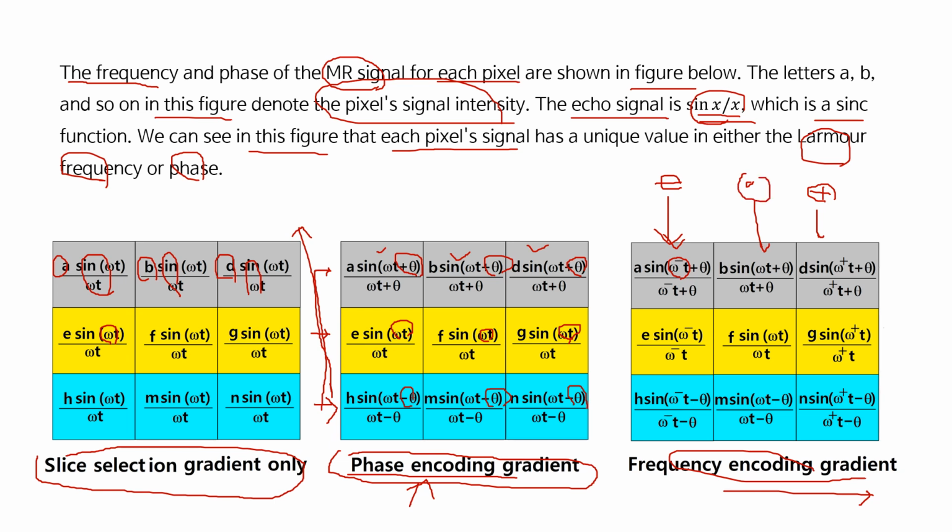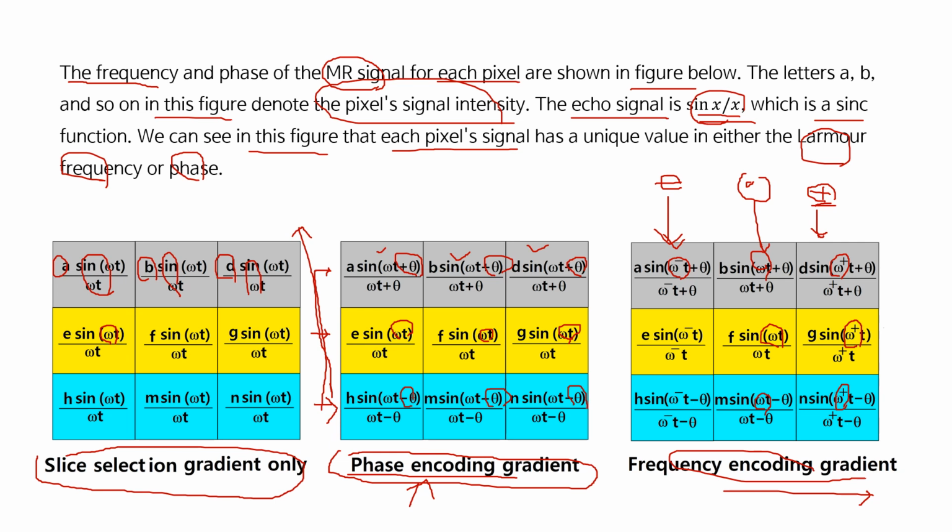So in the middle column, the field is 0, so the Larmor frequency does not change, omega, but in this column, the Larmor frequency increased due to the plus gradient field.